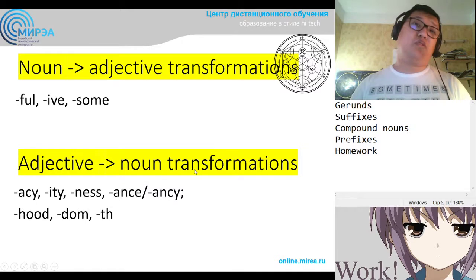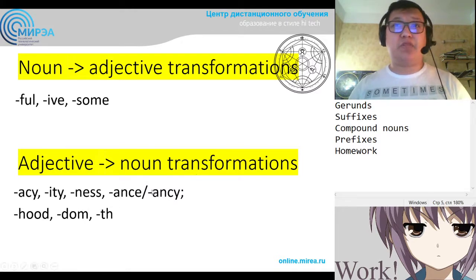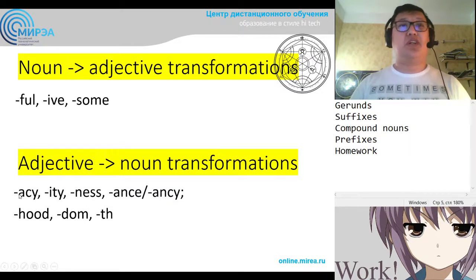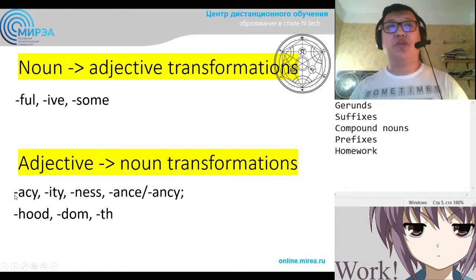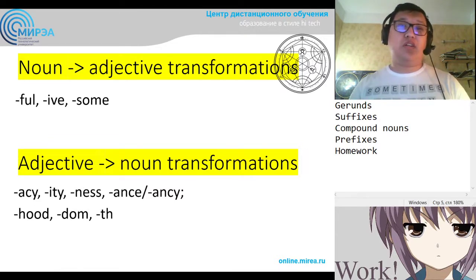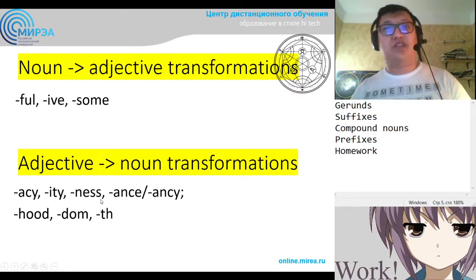If you want to create an abstract noun out of an adjective, this line enumerates some of the suffixes to help you, like acy, adequate, adequacy, continual, continuity, or for example ness, beautifulness.